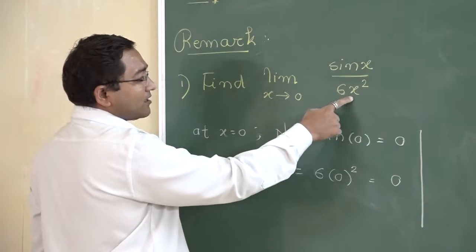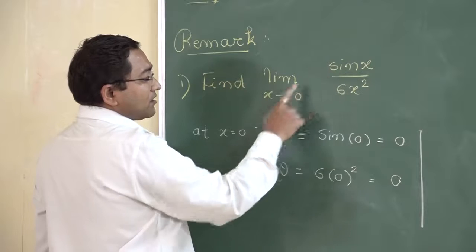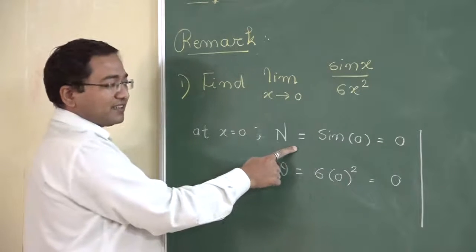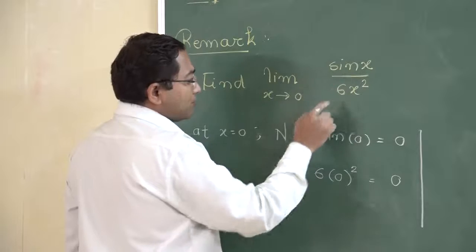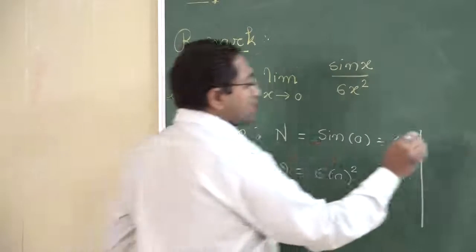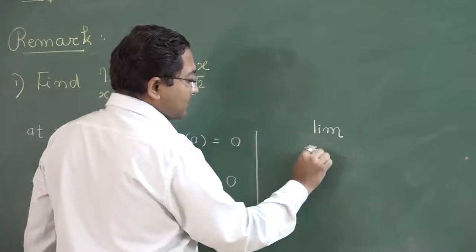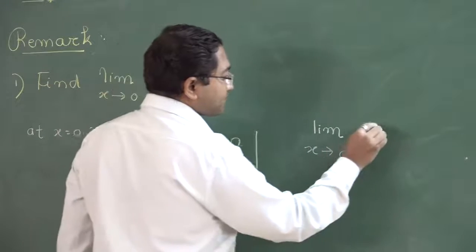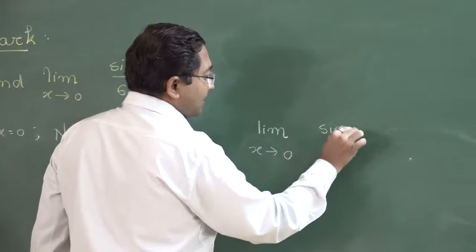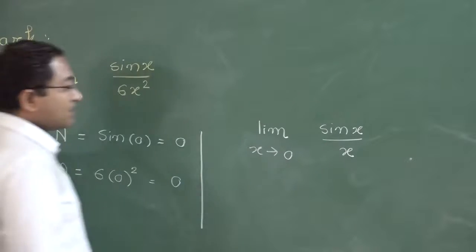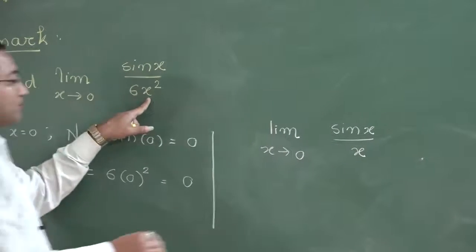Here observe that if we substitute x equal to 0 directly, then we have a problem like this. Suppose the evaluation goes like this: limit x tends to 0 of sin x upon x multiplied with 1 upon 6x.